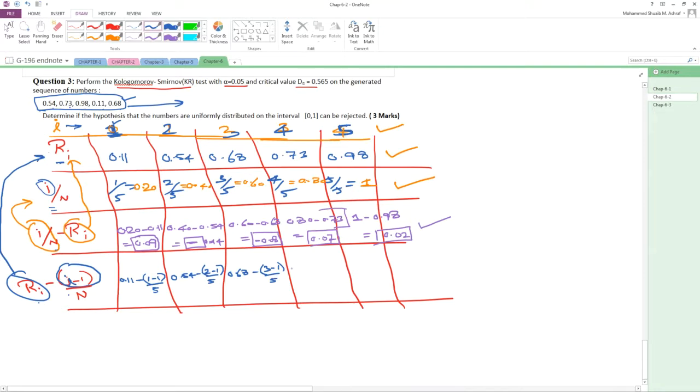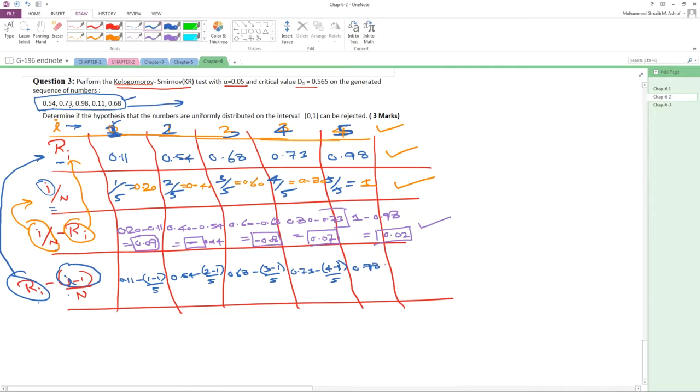Here tell me. Yes, 0.73 minus, I is 4, minus 1, good, divided by 5.